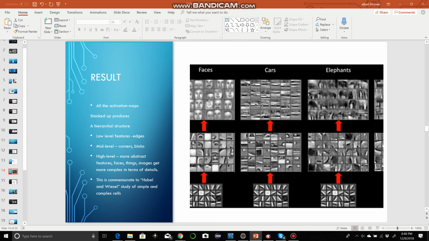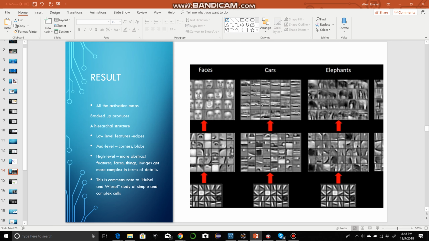It goes back to the Hubel and Wiesel study, where there are simple and complex cells, remember? Simple cells will just pick out basic images like horizontal lines versus lines that go up and down, versus a white spot here and maybe a dark spot here, just basic images.